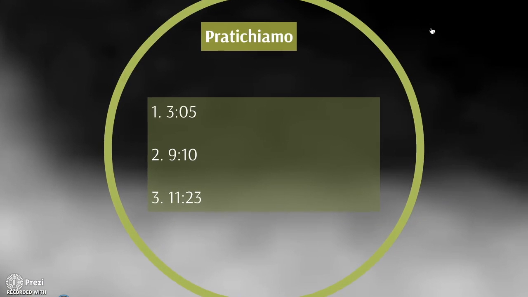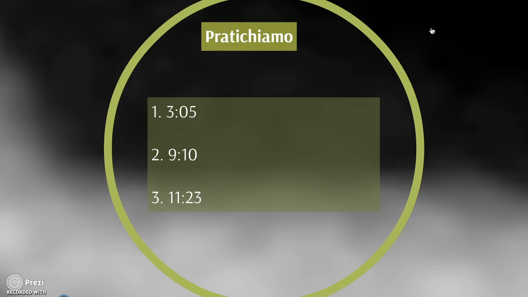So we would say sono le otto e quindici. Pretty simple, right? So now you can pause the video again and try writing out 3:05, 9:10, and 11:23. Once you have your answers written down, resume the video so we can go over them.